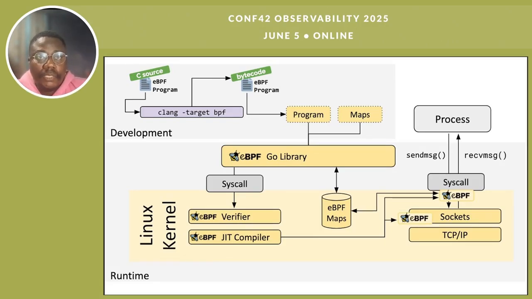Between the compiler and the loader stage, the verifier goes through your programs to ensure there are no loops, no out-of-memory issues, or any security violations. This makes it a kernel-compatible program that can be executed as machine code within the kernel space.